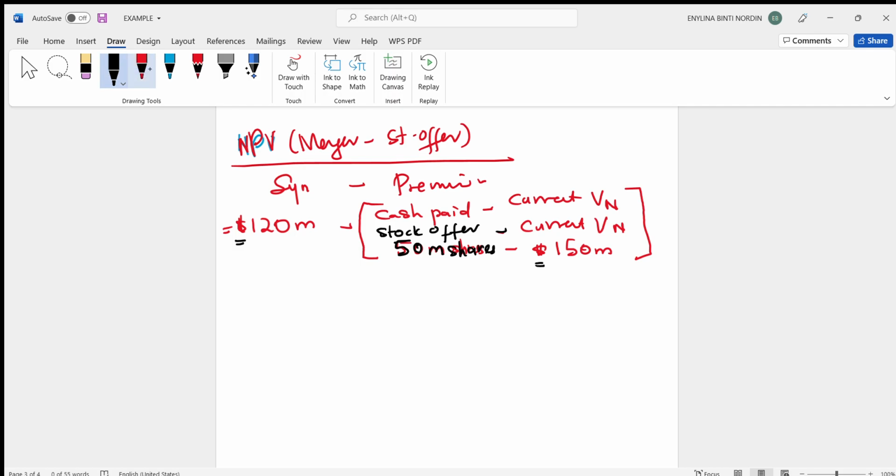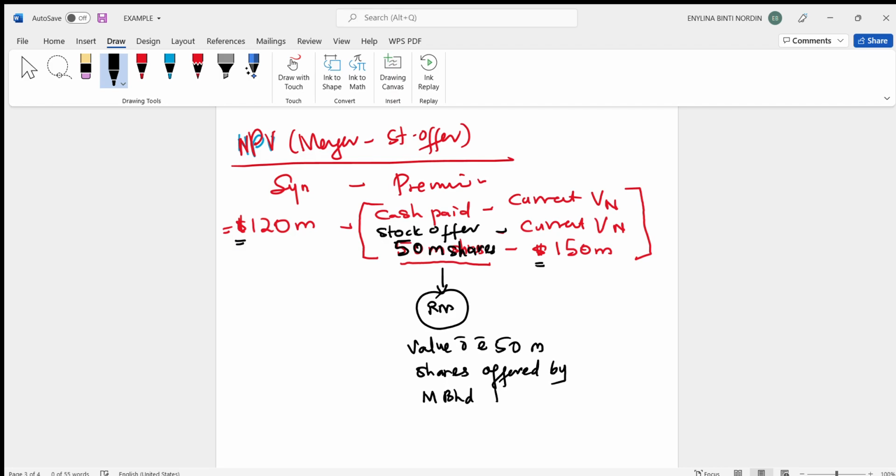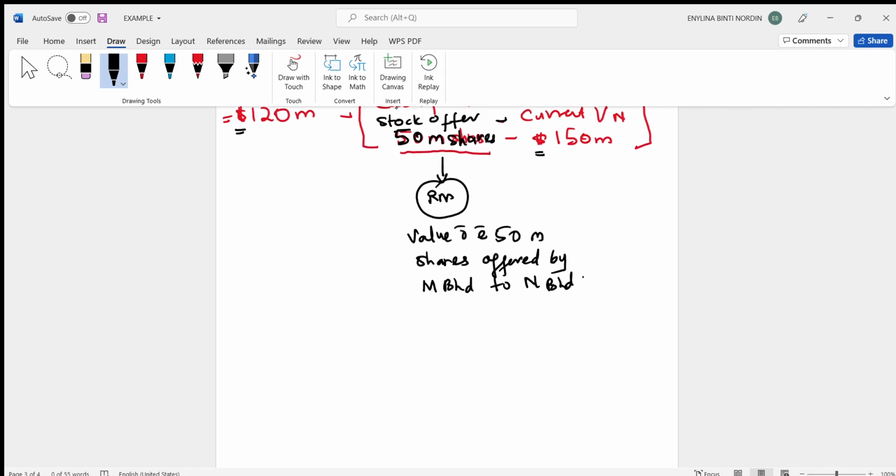We need to convert these 50 million shares into RM, the value of the 50 million shares offered by M Berhad to N Berhad.